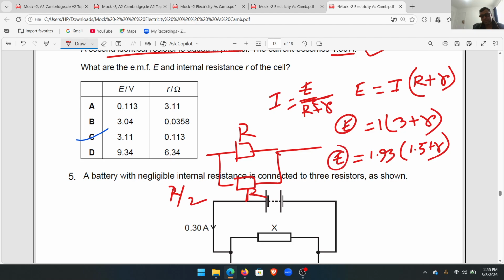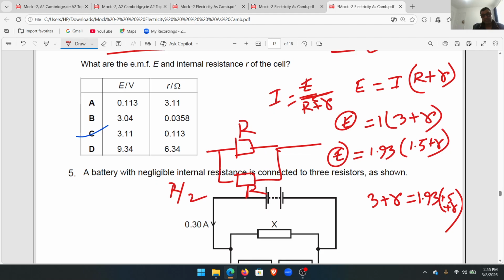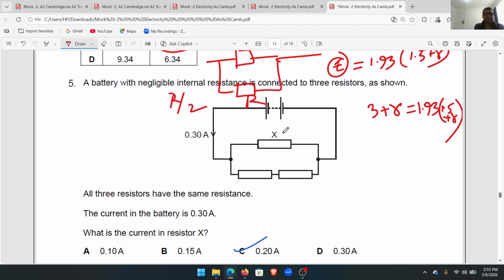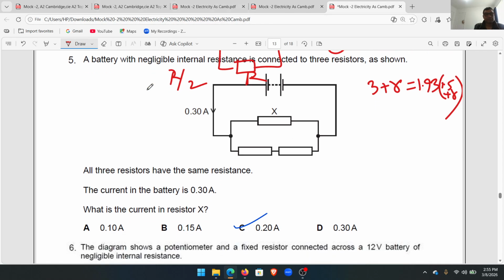The EMF is the same, so if you equate them, 3 plus r is equal to 1.93 into 1.5 plus r. If you solve it, you'll get r first, then put it into any equation and you get the EMF, right? This is the way. I'm not solving this. You can do it by yourself. Understood? Okay. Now come to the next part.